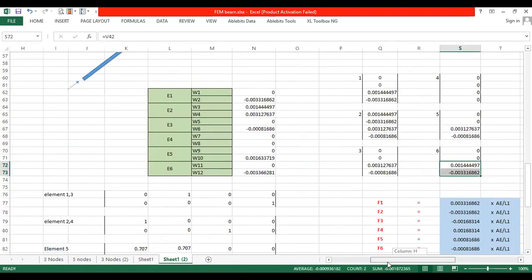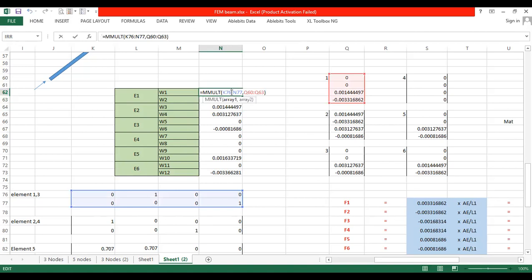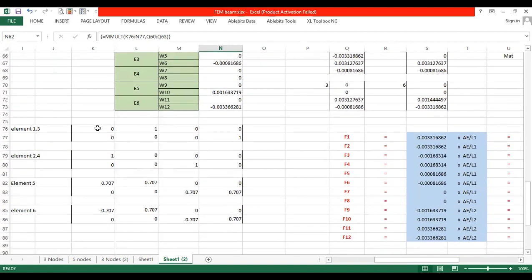So once you understand this, this is the W matrix and that transformation, then u1 v1, you can determine easily. For the transformation matrix, there are rows of sin theta and cos theta with zeros, for element 5, elements 2 and 4, and elements 1 and 3, right?